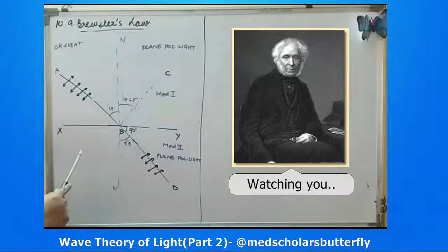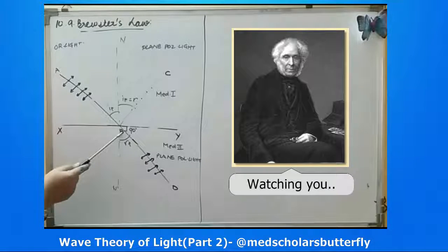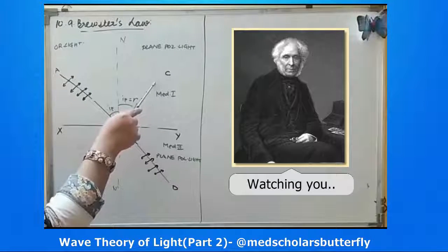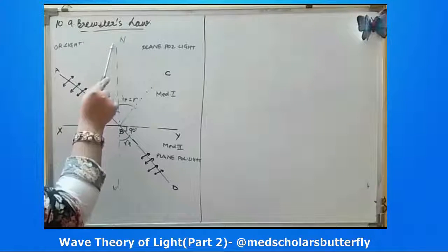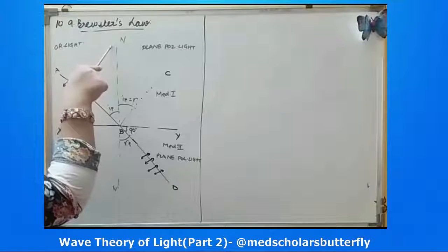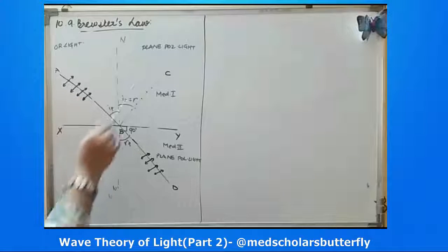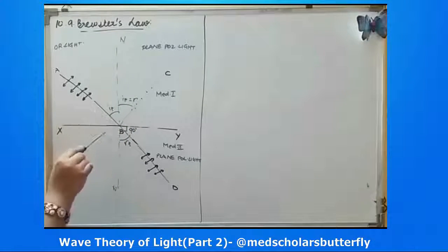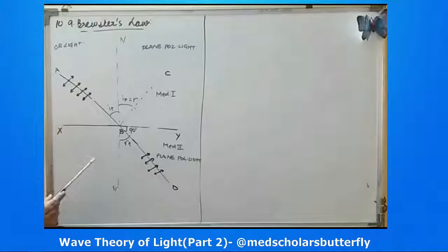See, XY is a reflecting surface, AB is ordinary light, BD is partially polarized or unpolarized light, BC is reflected plane polarized light, angle ABN is the incident angle, that's why IP, angle NBC is the reflected angle, that means R, and angle ABN is the incident polarizing angle.